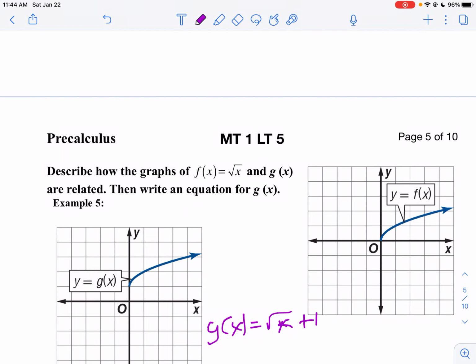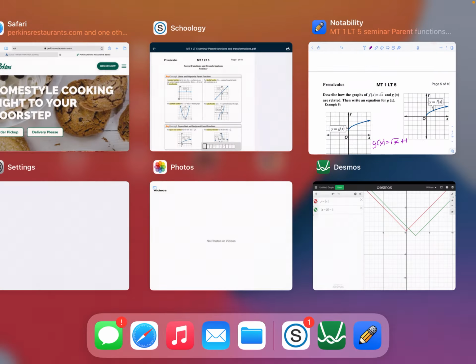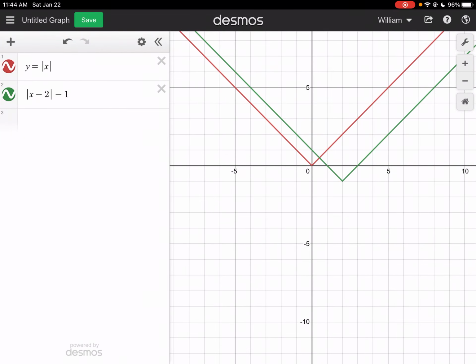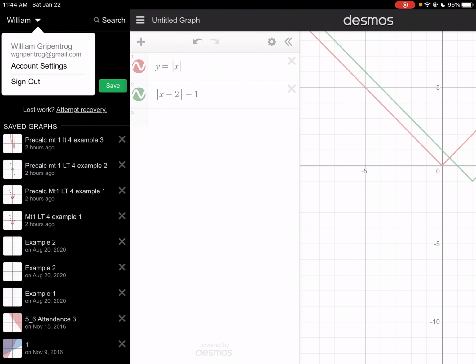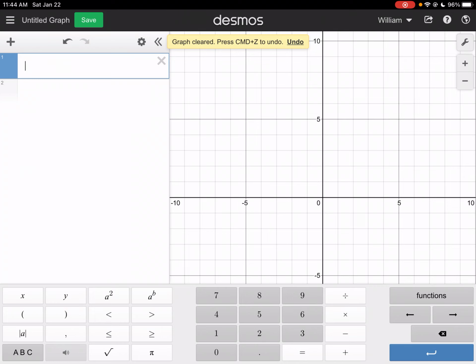Now, you can check that on decimals pretty quickly, because I'll just make a new graph here. y equals the square root of x. There's my square root.